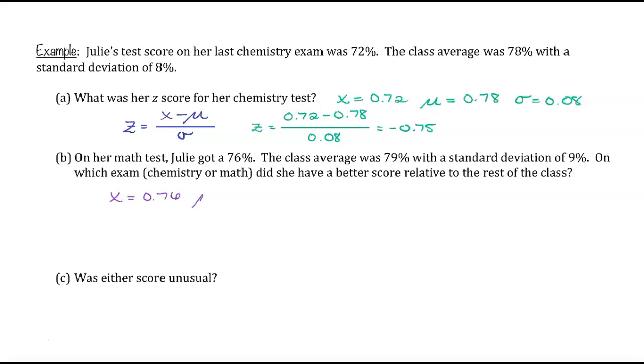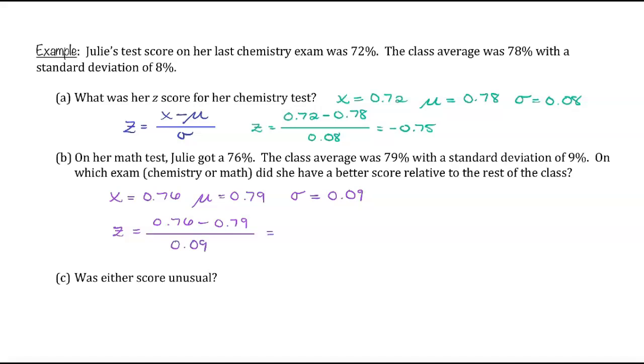The mean, mu, is equal to 79%, or 0.79. And the standard deviation, sigma, is equal to 9%, or 0.09. The corresponding z-score for Julie's math test is equal to x, 0.76, minus mu, 0.79, divided by sigma, 0.09.